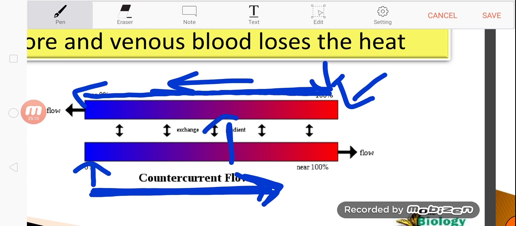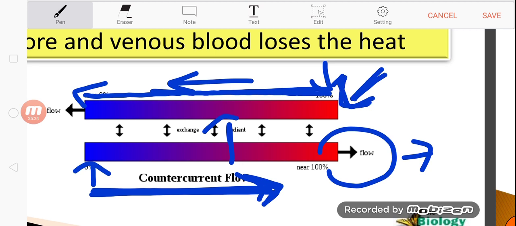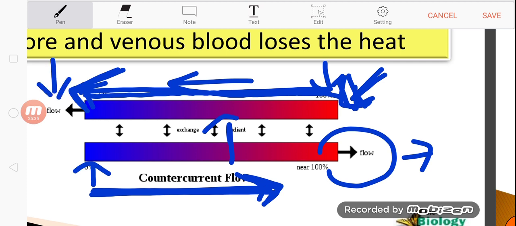Eventually the top one, which previously started with a lot of heat, due to the exchange ends with low heat flow.